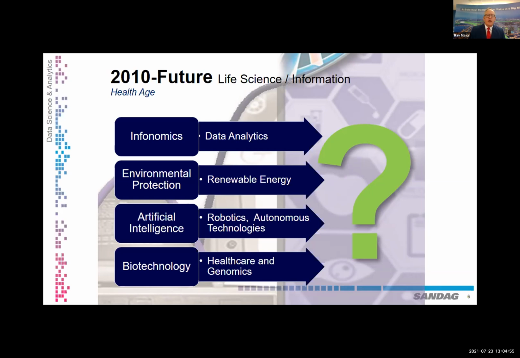Robotics and autonomous technologies are going to be big in the future also. A lot of that has to do with the way that we're designing the 5 big moves. And then of course, healthcare and genomics, which really drive biotech, and that will fundamentally change the way we live. But this is what's driving the future of the global economy for the next 50 years. And the data science department here at Sandag is in its most nascent form, but we're super excited because we are part of this next revolution. Next slide, please.